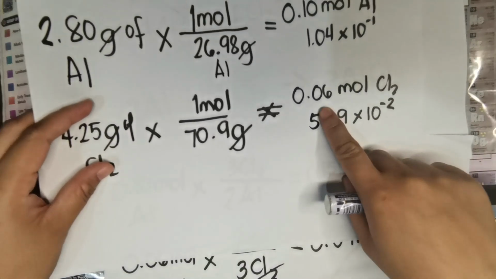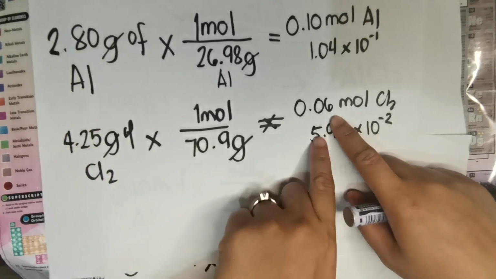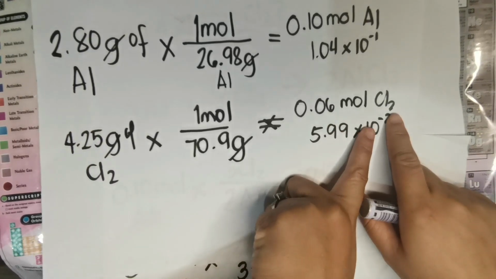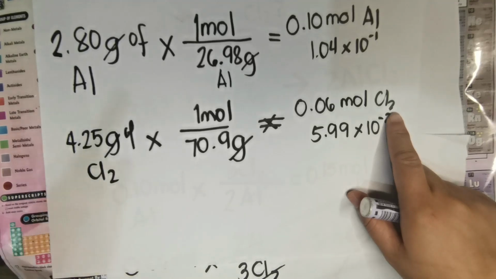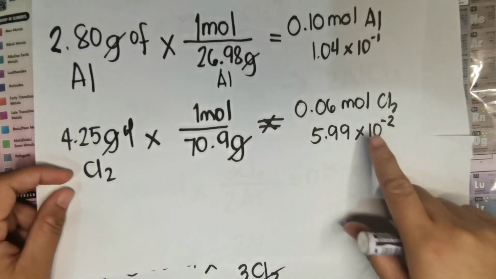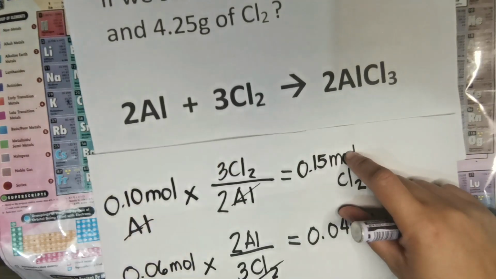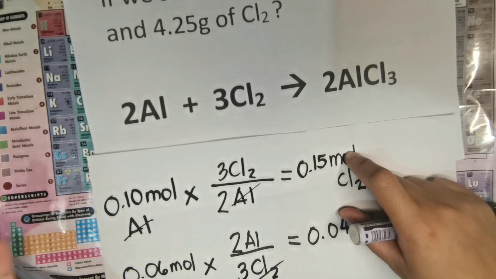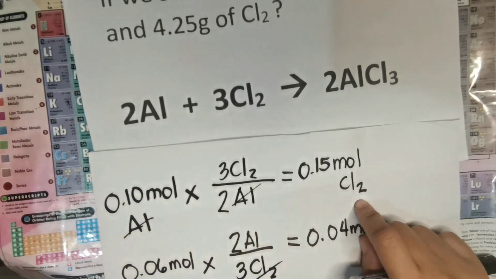Meron ba ng chlorine? So, obviously not. Kasi ang answer, meron lang tayo dapat ay 0.06 mole of chlorine gas from the 4.25 grams ng chlorine na given sa ating problem. So, obviously not. So, obviously, this equation is not gonna proceed kasi mas madami yung kailangan nating chlorine na wala naman tayo.